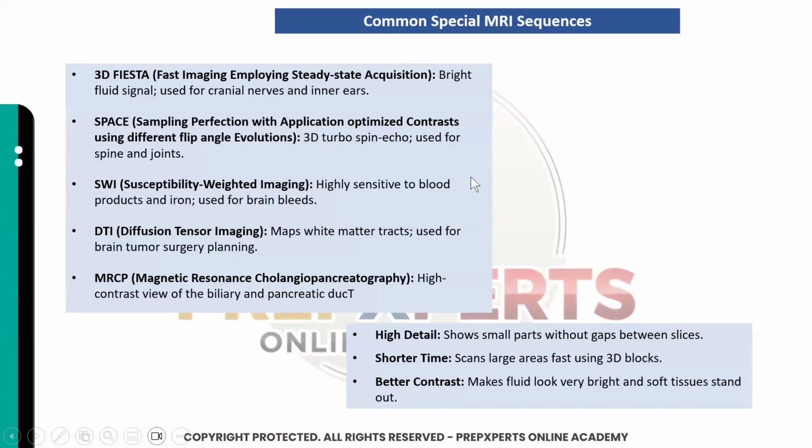We already saw that it was for blood. It's used for planning as MRCP, heavily weighted T2 imaging, and this is done in the biliary tract.